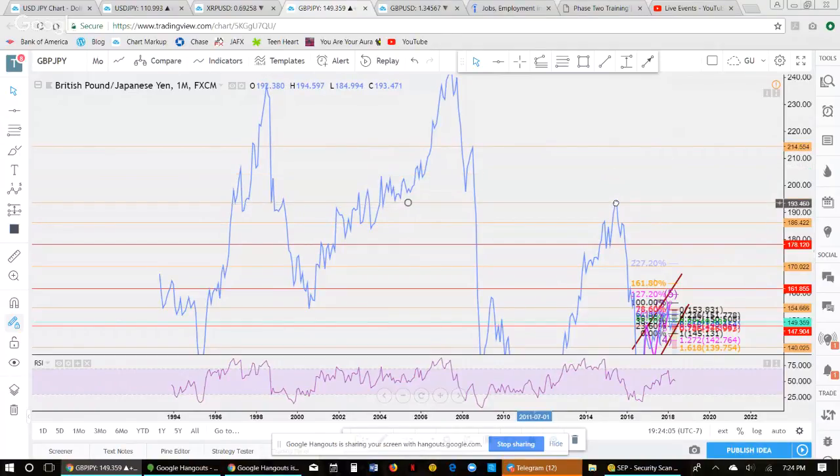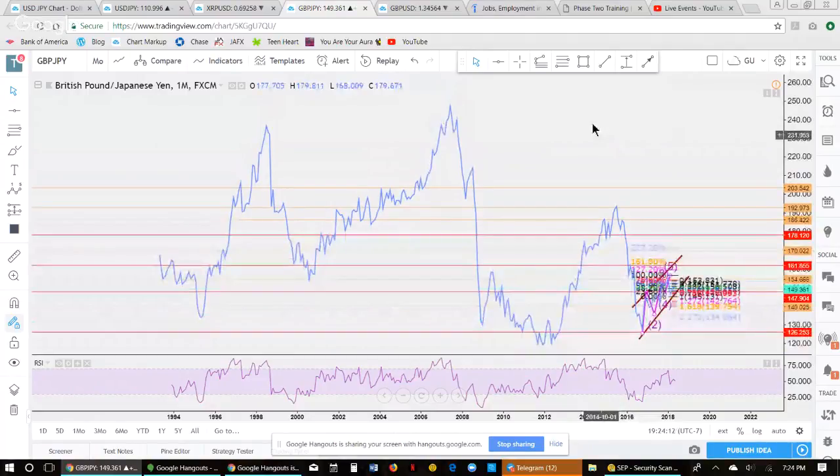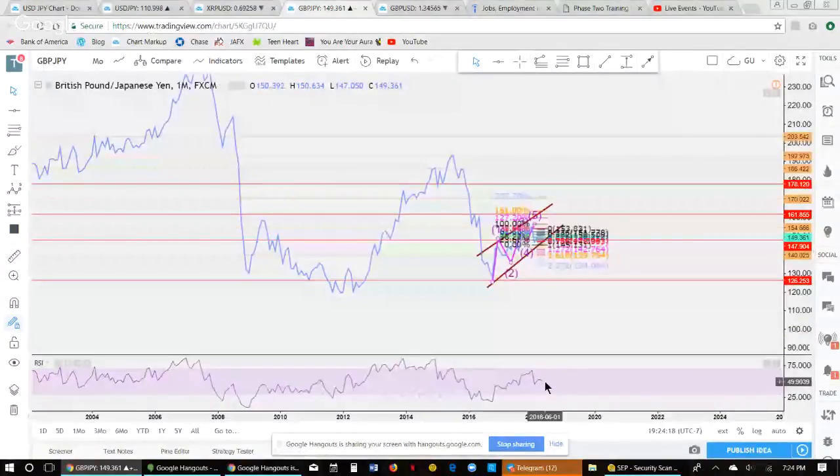I'll act like I'm marking it up like I would myself. Boom. That's just my price not up there. Line chart, all that. Change the candles.